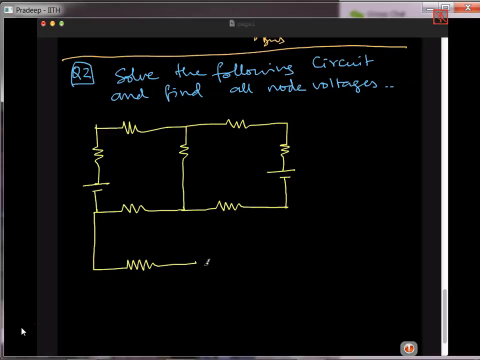Let me just make a connection here like this. So this is my network.